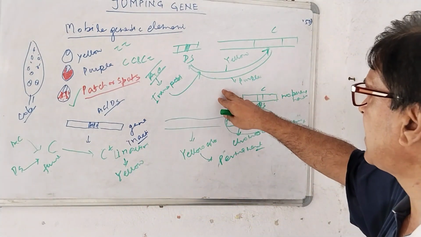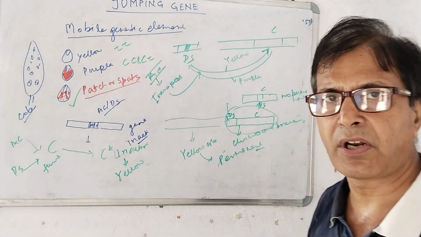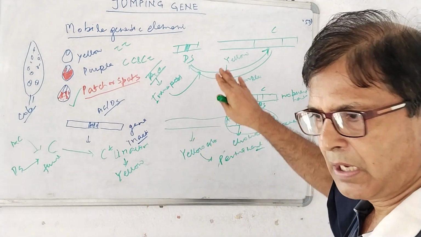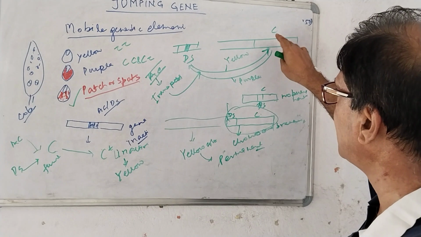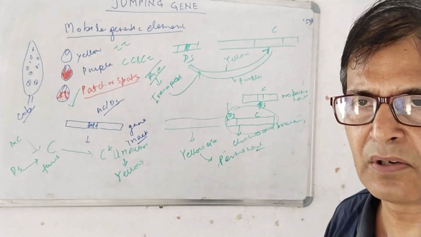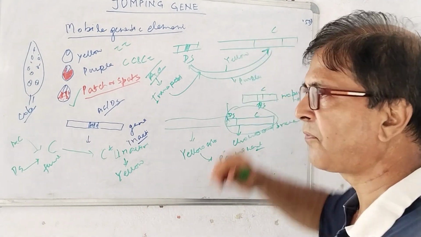Finally, we see that this DS element can integrate or insert itself at two places. It can get inserted within the coding sequence of the pigment, or it can insert itself ahead of it.